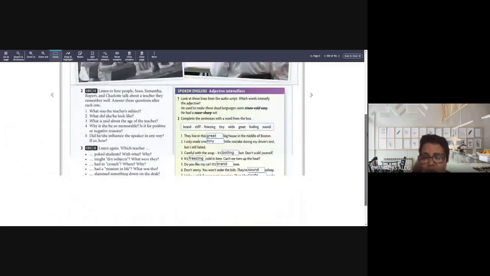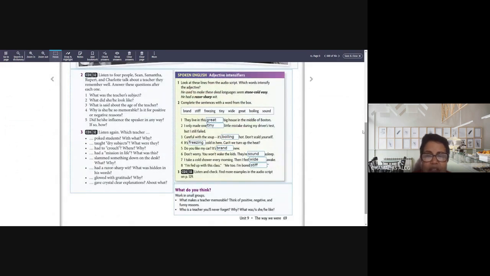So let's move on to the next page. On this page, the focus was adjective intensifiers. We saw how we can intensify something when we want to express our feelings about something.